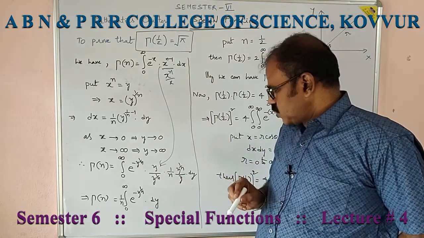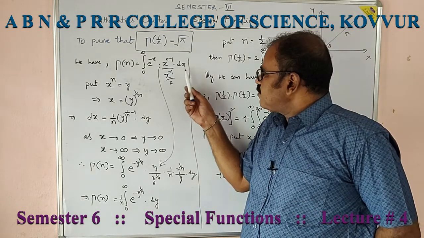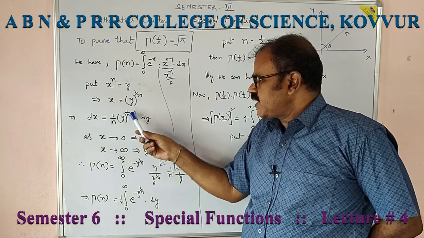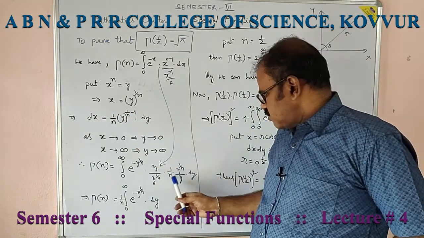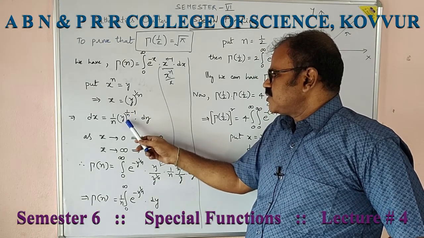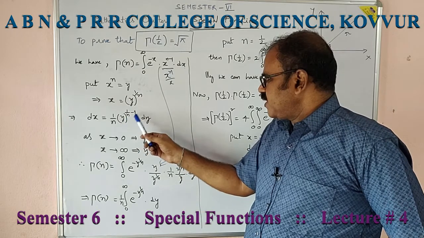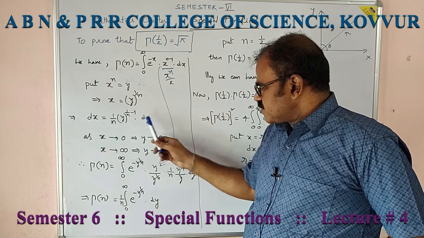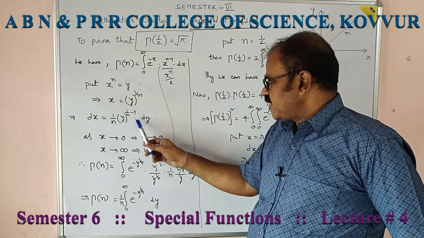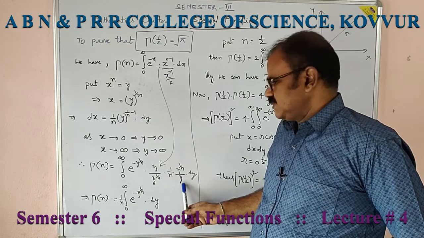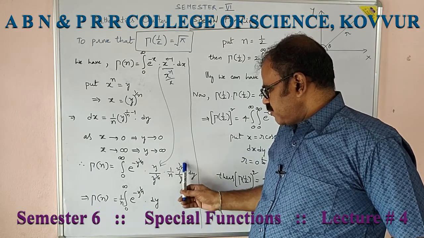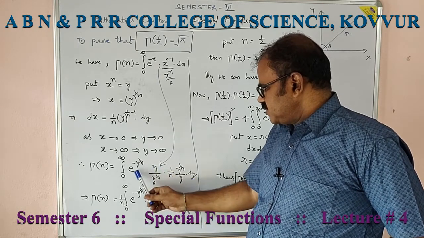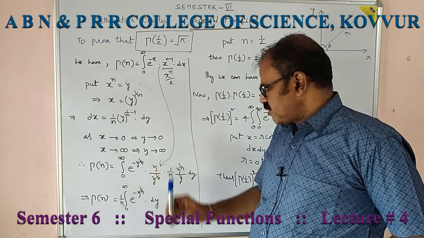Next, dx. What is the value of dx? dx is 1 by n y to the power of 1 by n minus 1 dy. I am writing it as y power 1 by n times y to the power of minus 1, so that is 1 by n, y power 1 by n by y. So y power 1 by n gets cancelled, y gets cancelled, and we have 1 by n dy and e to the power of minus y power 1 by n.